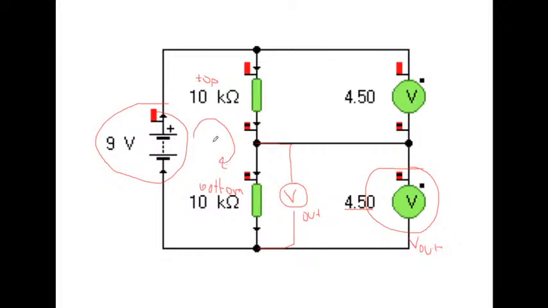So if we're just looking at this as our one and only loop, we have positive 9, right, minus this unknown, that would be our V top, minus 4.5, which we calculated using our potential divider. And that all needs to equal 0. So we know that this top one also has to be 4.5.